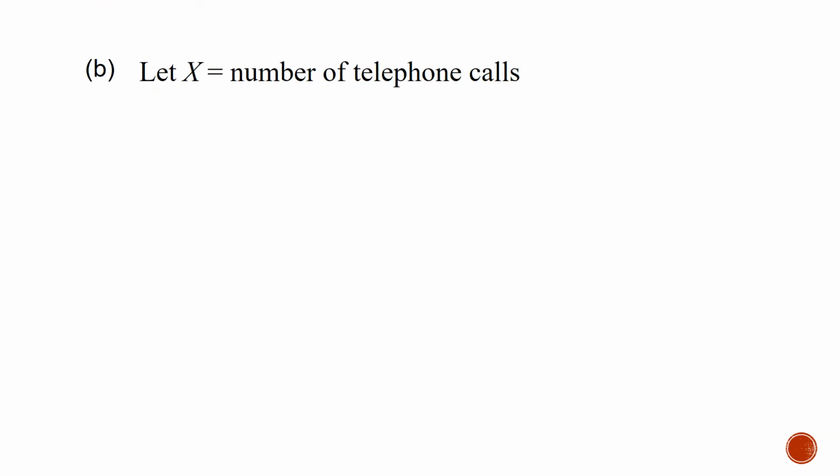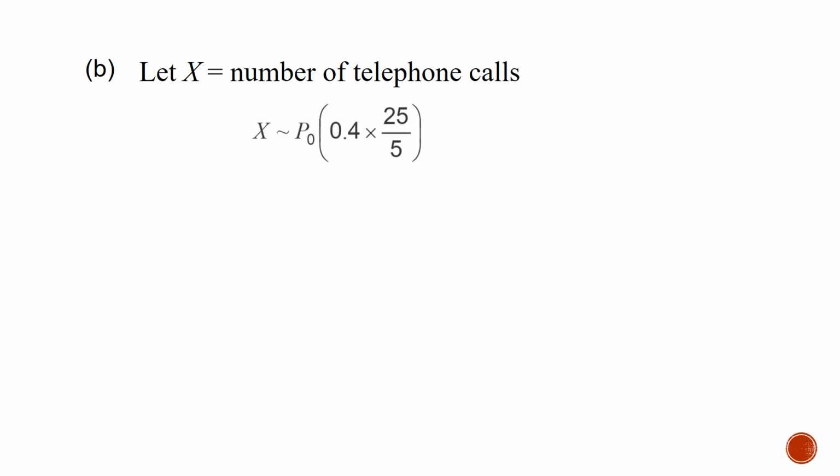Part B, you are required to find the probability that more than 3 calls are received in a time interval of 25 minutes. Now, your question states that the mean is 0.4 in a time interval of 5 minutes. So what is the mean in the time interval of 25 minutes?